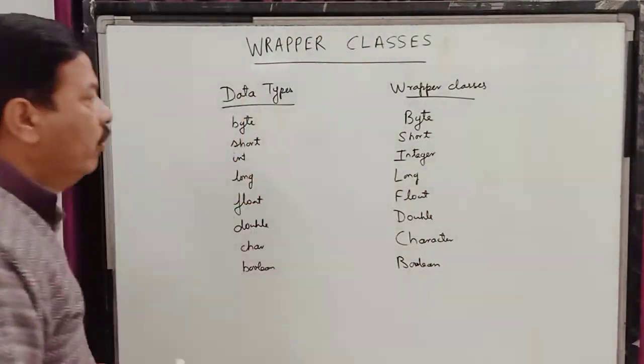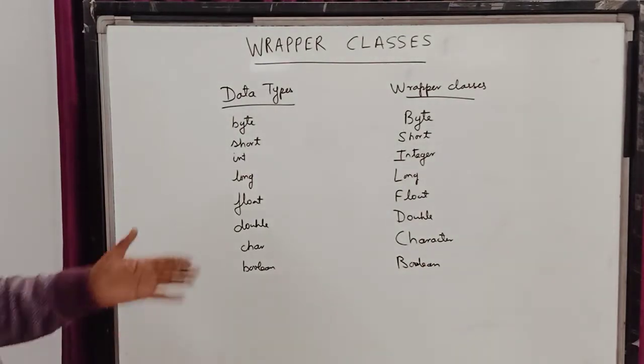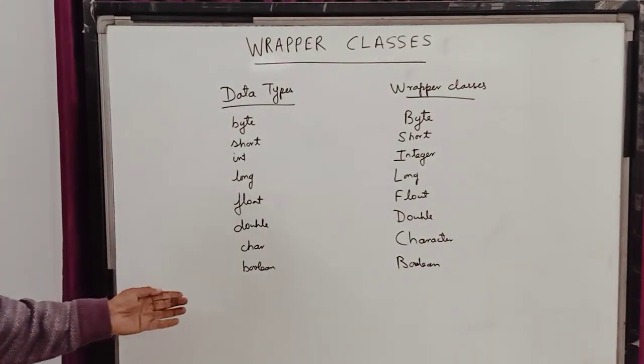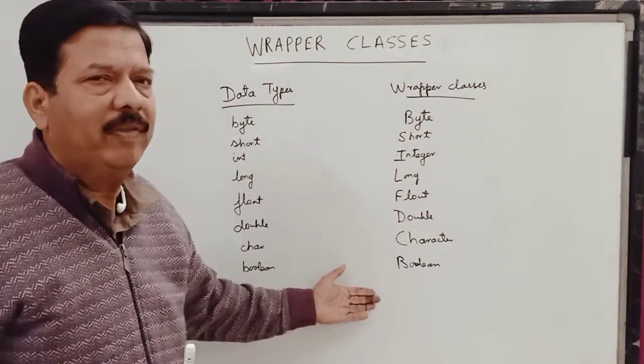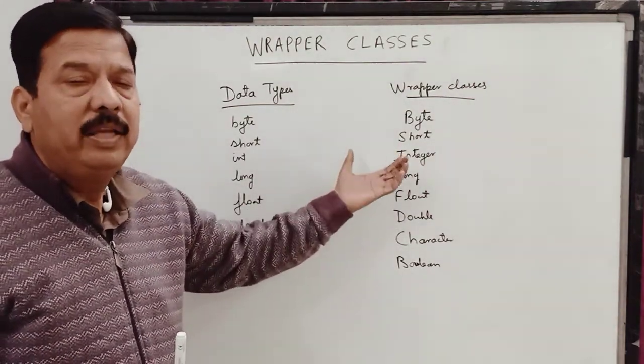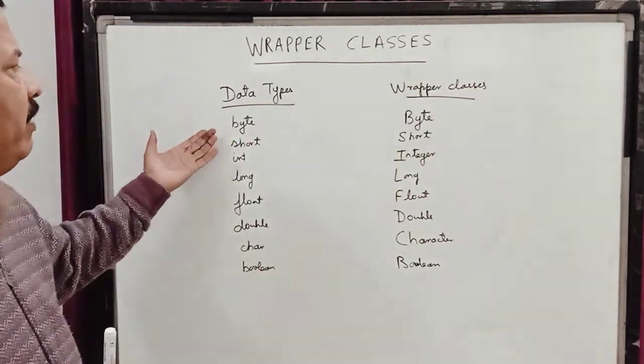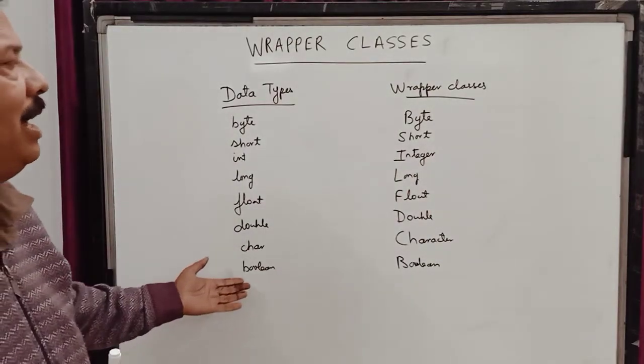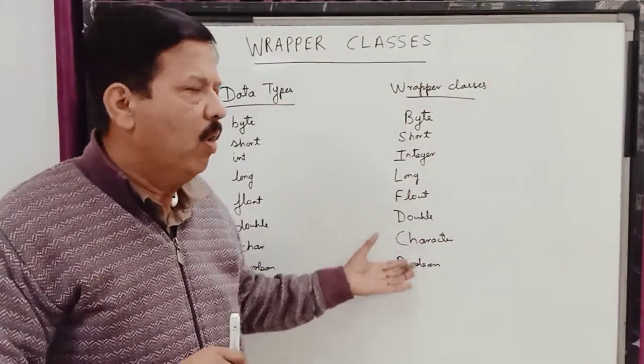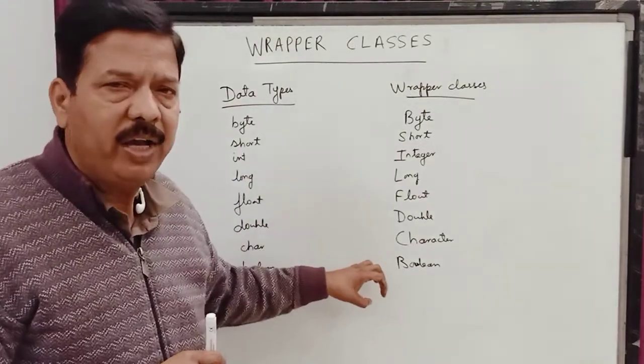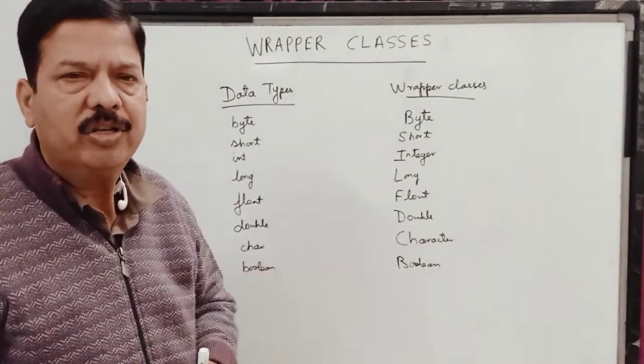So children, here I have written all the primitive data types, and here I have written the wrapper classes, and the purpose of these wrapper classes is to change the nature of these primitive data types into objects. Once these get changed into objects, then we can apply other functions on them also.